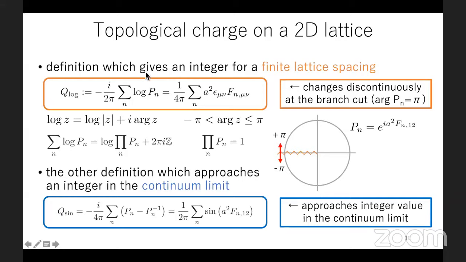So this factor gives the integer. The other definition is given by this, which approaches an integer only in the continuum limit. On the finite lattice, this definition does not give an integer value. So we consider 2 types of definition.